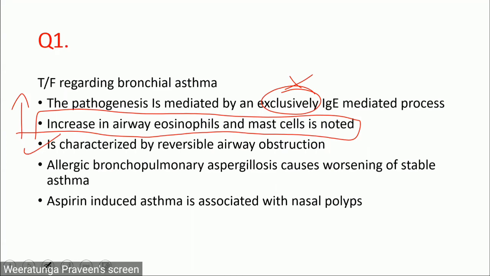That is also known to cause worsening asthma. So that is true. Allergic bronchopulmonary aspergillosis can also cause a localized bronchiectasis picture in the chest as well, so remember that as a point.